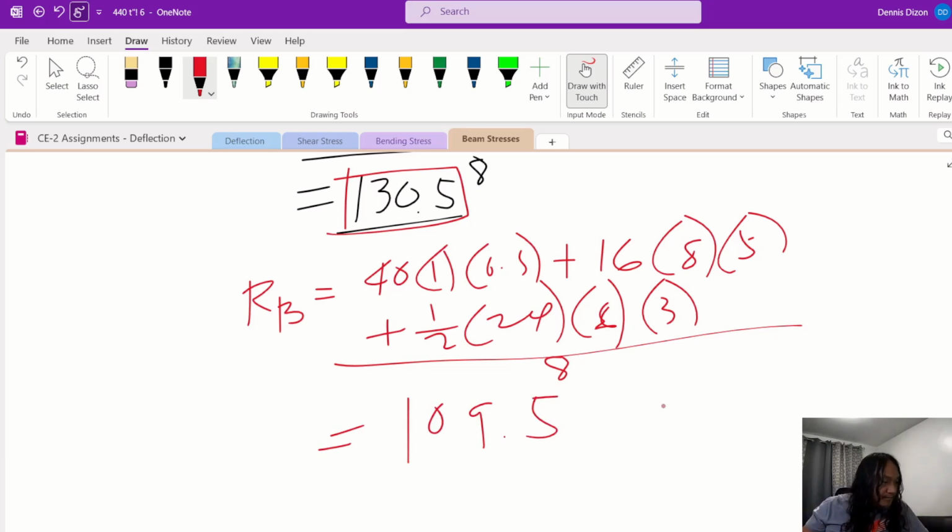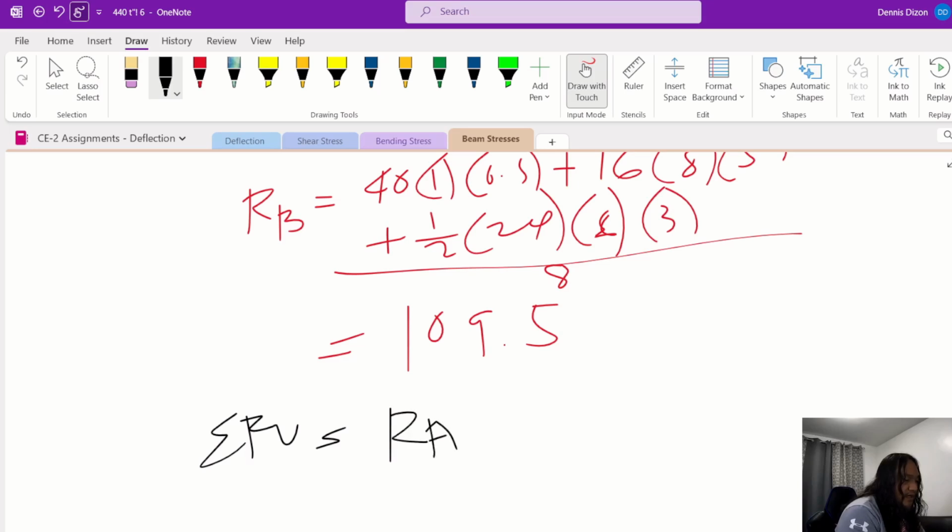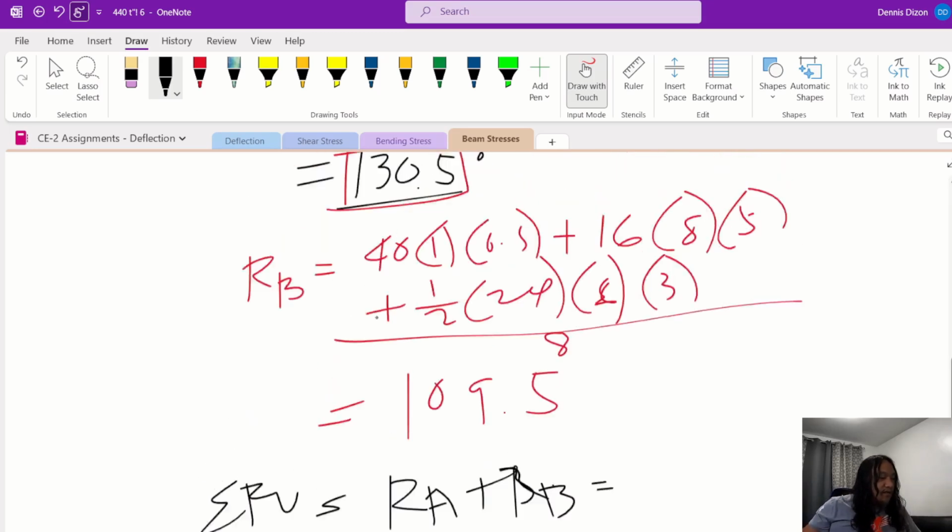And then the summation of vertical forces, RA plus RB, should be equal to the total load.